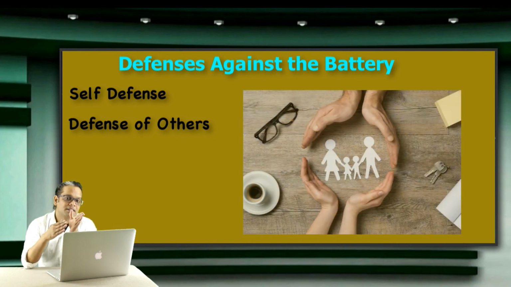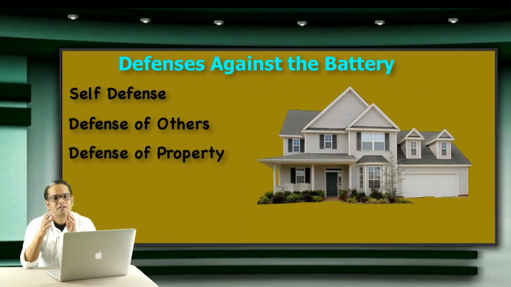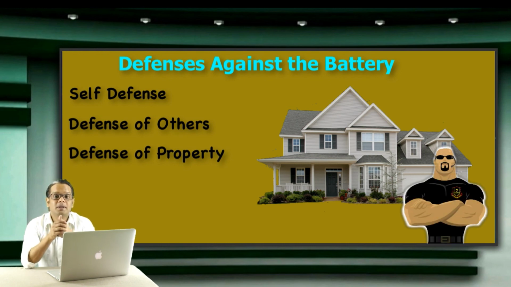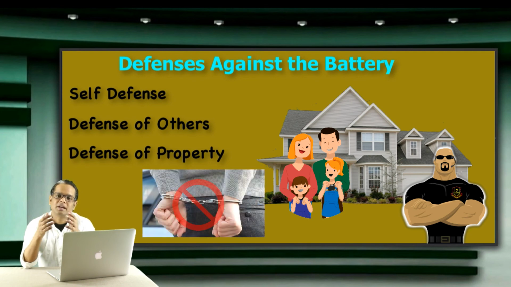So there is defense of oneself, defense of others, and defense of property. The condition is, if you are protecting something valuable, whether it is life or property, then it is excusable. You won't be punished by having to pay damages in such a condition.